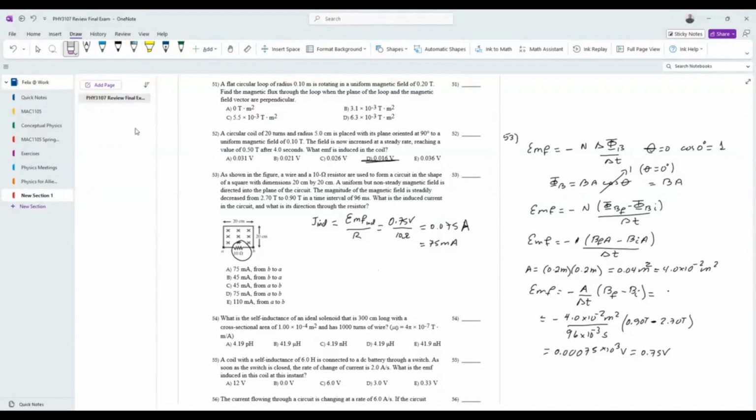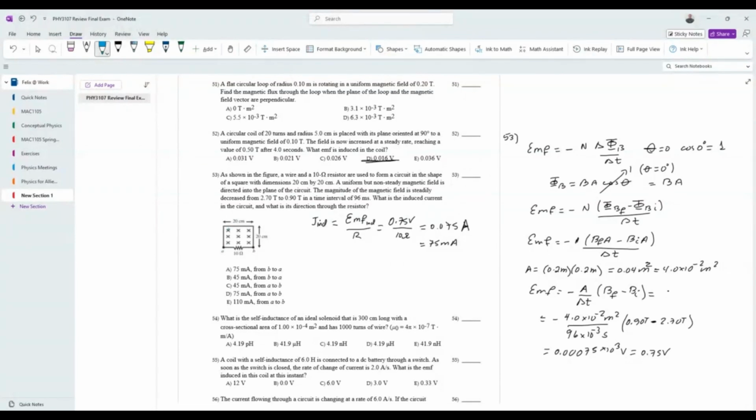Now, what is the direction of the current? Well, what is going on here? We have a decreasing magnetic field, so the magnetic flux through this square is decreasing.